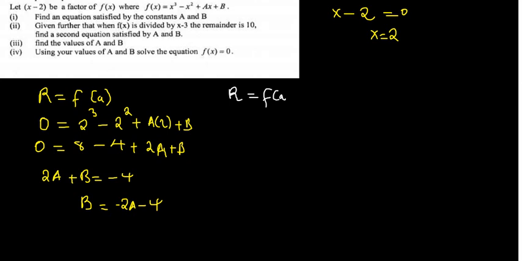Now we've been told it is divided by x minus 3, so x minus 3 we also equate to 0, so x is equal to 3. Now here they've told us the remainder is 10, so where there is remainder, put 10, and that will be equal to, in the function f where there is x, we put 3. 3 to the power 3 minus 3 to the power 2 plus a multiplied by 3, and then plus b.